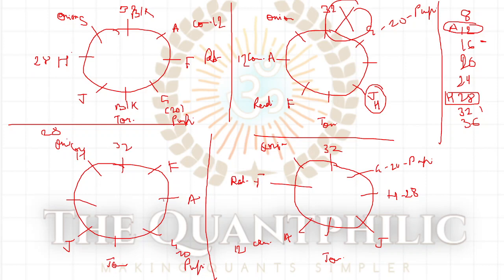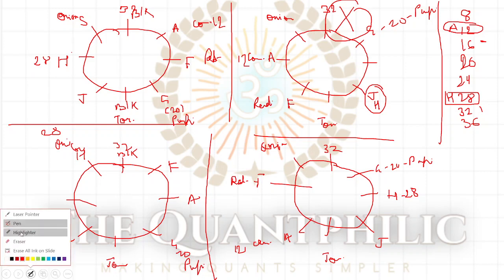Now diagonally opposite, only spot diagonally opposite यहाँ पे है, तो B और K, oh sorry, एक पॉइंट तो और मैं यूज करने ही भूल गया यहाँ पे.